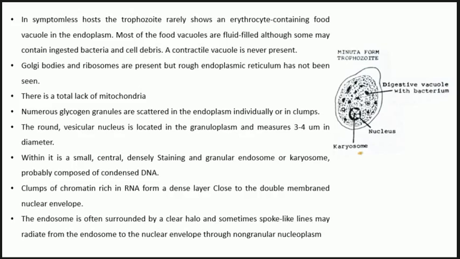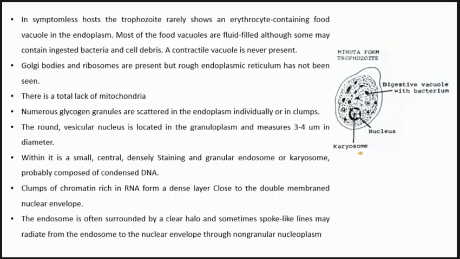A very important thing: clumps of chromatin rich in RNA form a dense layer close to the double membranous nuclear envelope. The endosome is often surrounded by a clear halo, and sometimes spoke-like lines may radiate from the endosome.